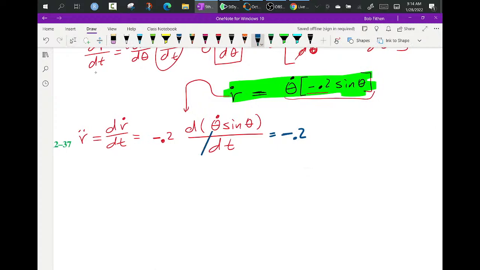Now I get the derivative of this one times that one plus the derivative of that one times that one. And here, let me use the, is it still showing up there? Hang on, I didn't do that. And this might help too.